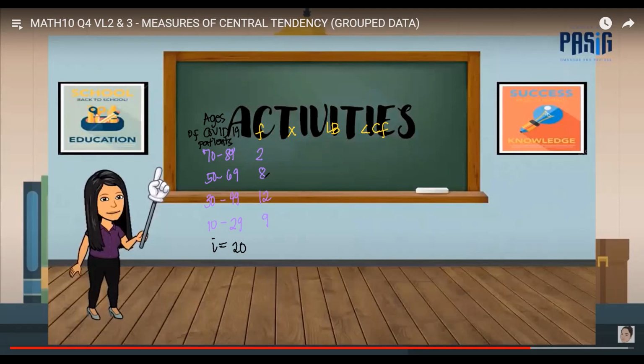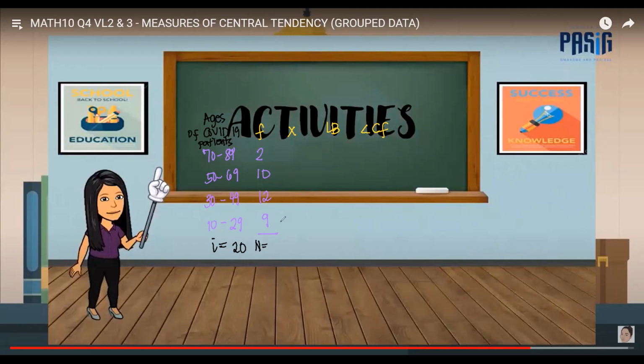Okay? Gawin natin itong sequence. Gawin natin siyang 10. Yan. So what now is our n? Our n now is 2 plus 10 plus 12 plus 9.